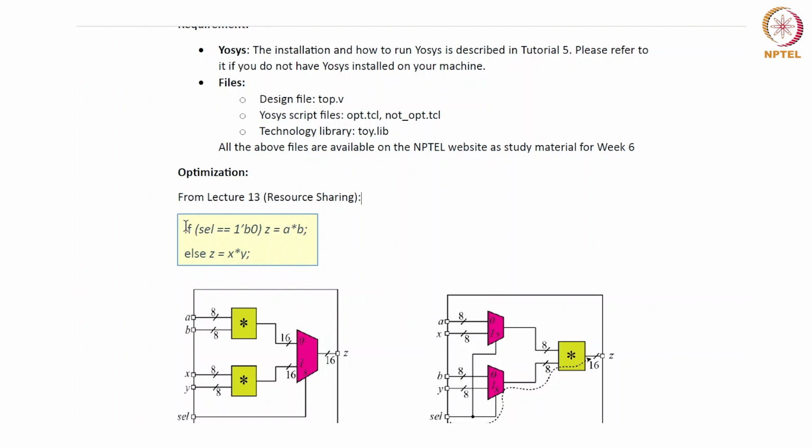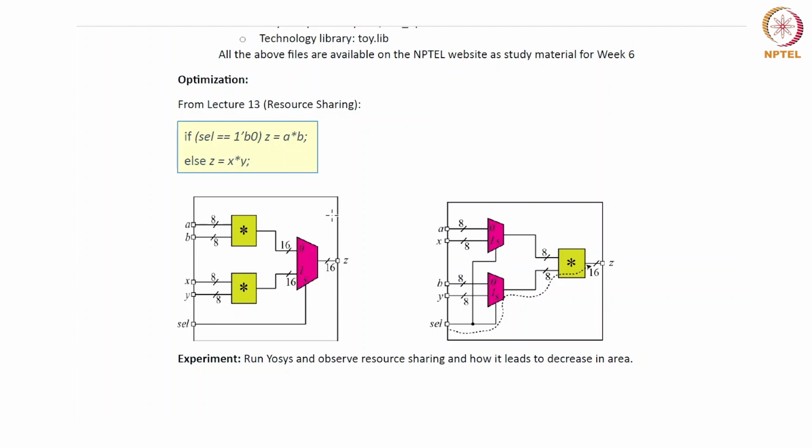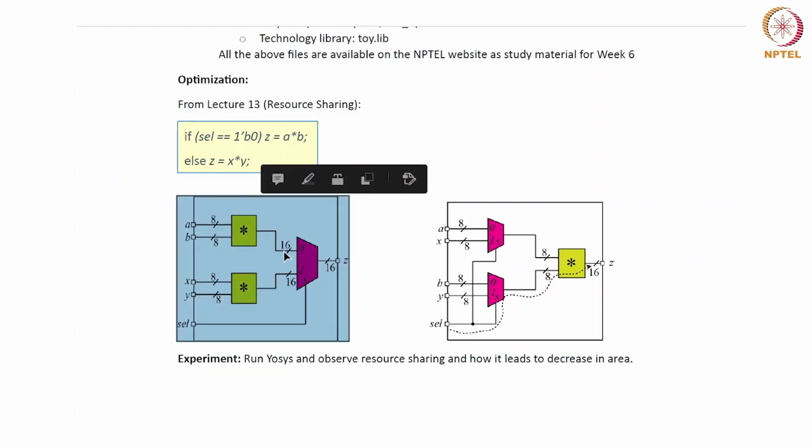Suppose there is an RTL construct in which there is a statement like: if select is equal to 0, then z is assigned a multiplied by b, else z is assigned x multiplied by y. A direct translation of this RTL construct will lead to a circuit something like this.